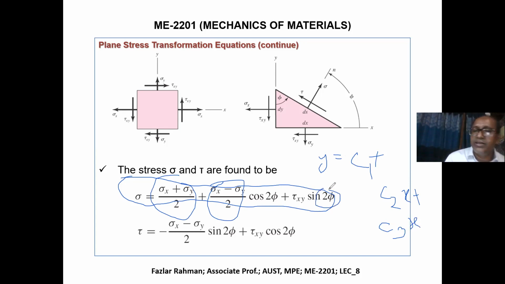The function of phi is the x. So if you differentiate this equation, if you put dy by dx equal to 0, differentiate this one and put this equal to 0, from there you figure out the value of x. So you get the maximum phi or the maximum value of sigma.